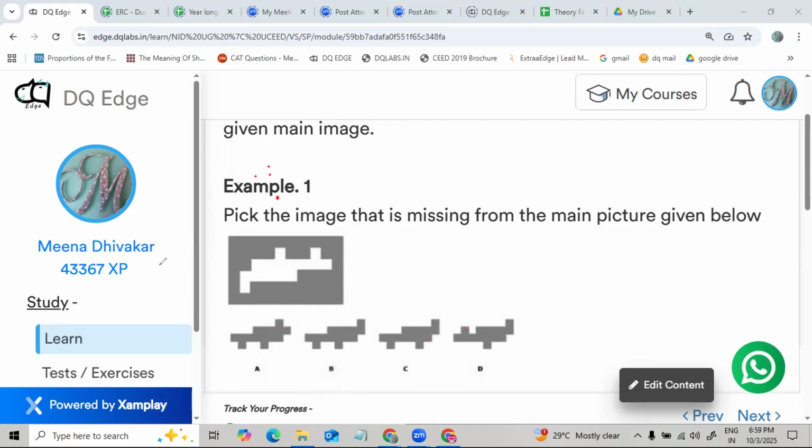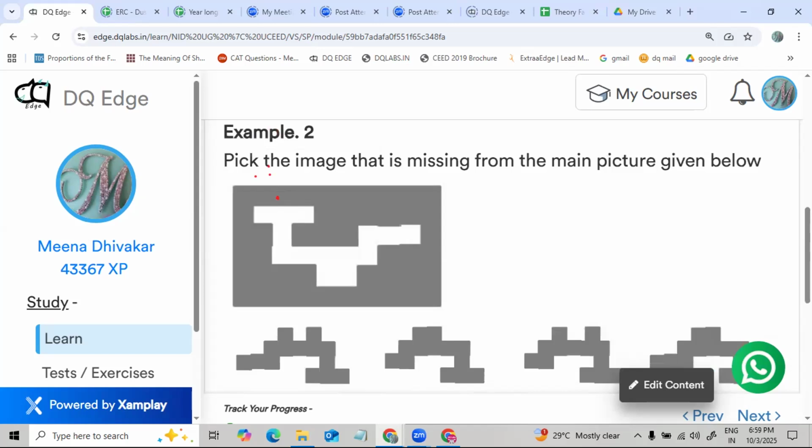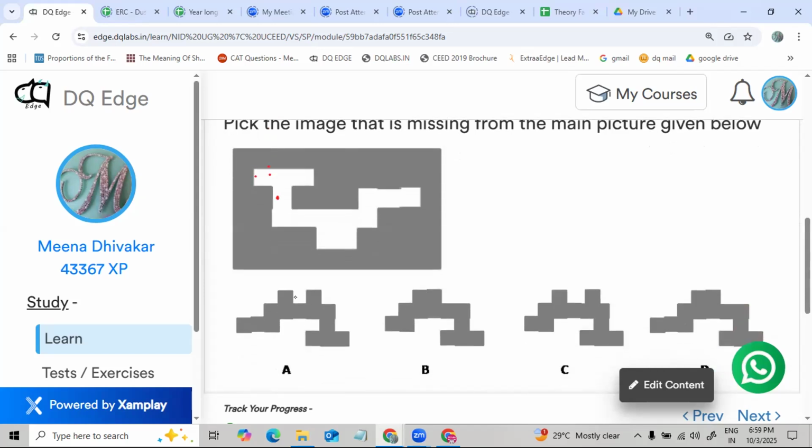See, in missing questions, what happens is they'll take some part of the picture and make it a mirrored and watered image of that particular picture. You need to identify which one is mirrored and watered, and appropriately mark the answer. Okay, tell me here now.